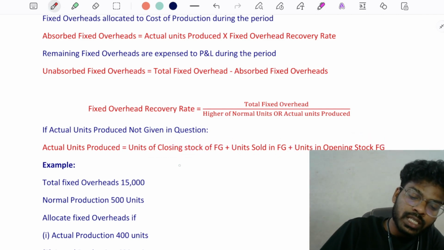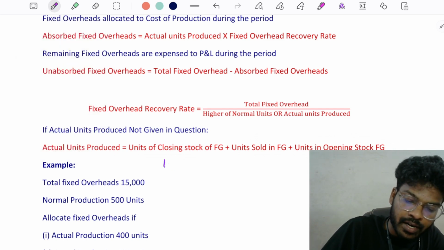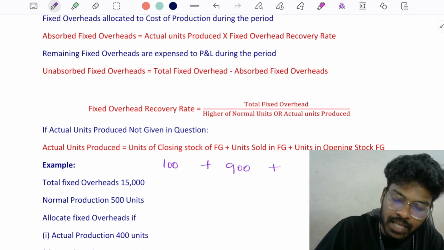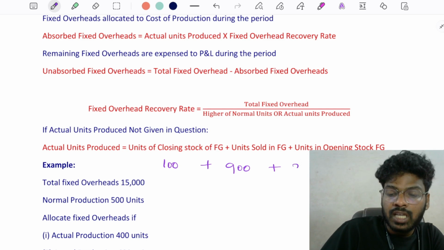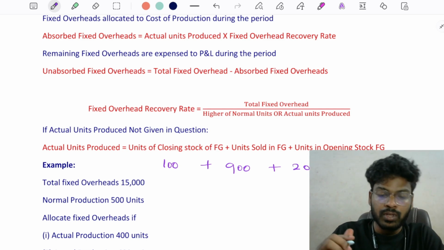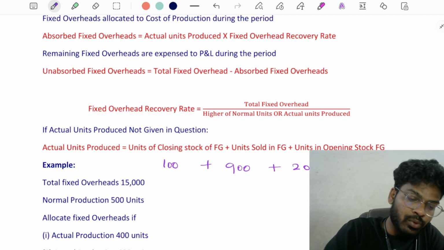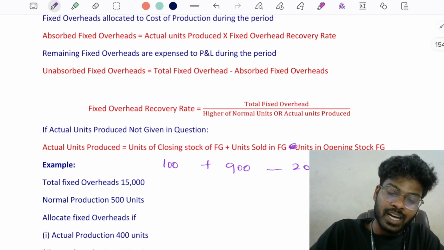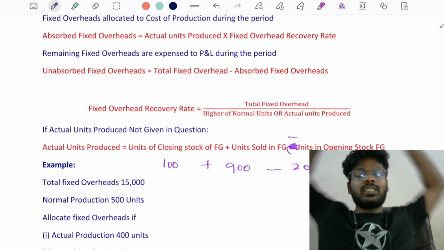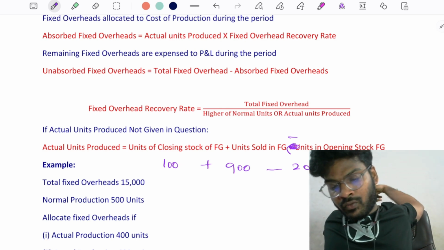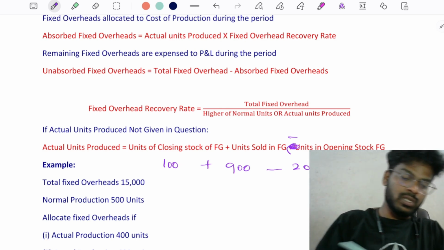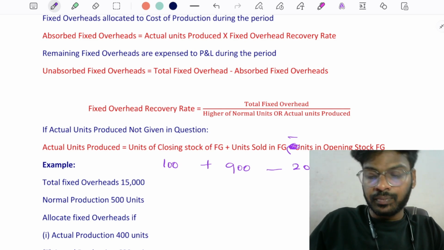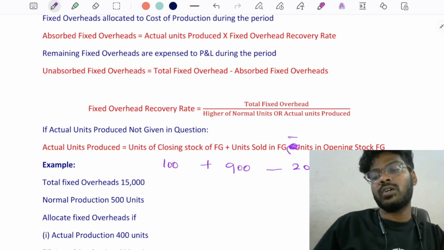If closing stock of finished goods is 100, units sold 900, and units in opening stock 200, the opening stock should be reduced, I wrote the formula wrongly. So units produced will be 800 units during this period.